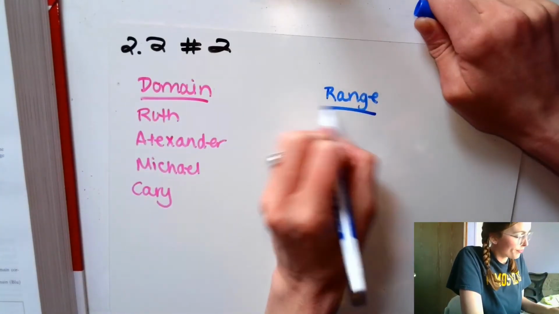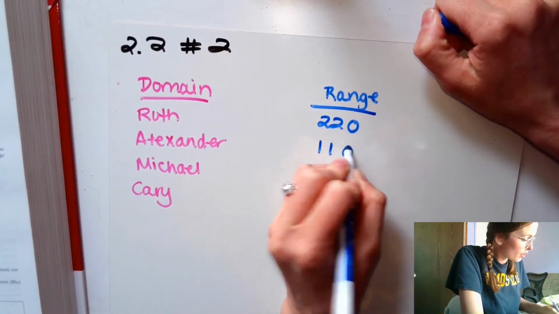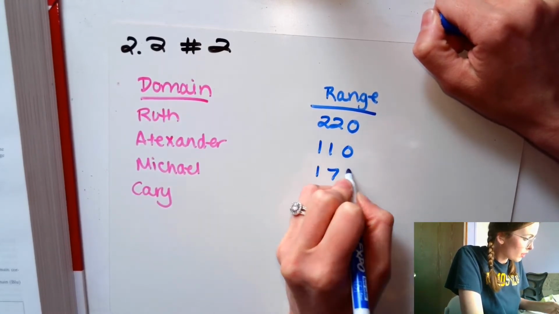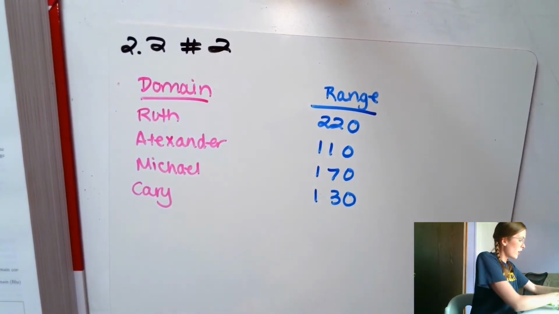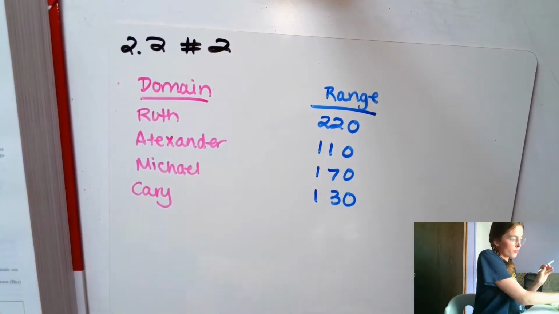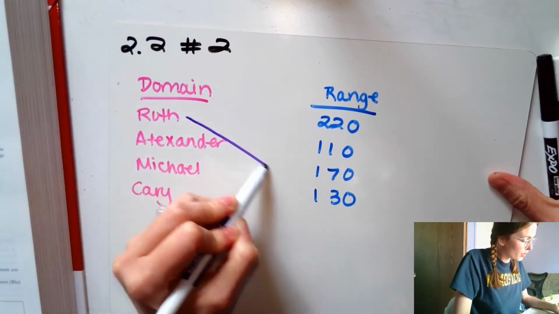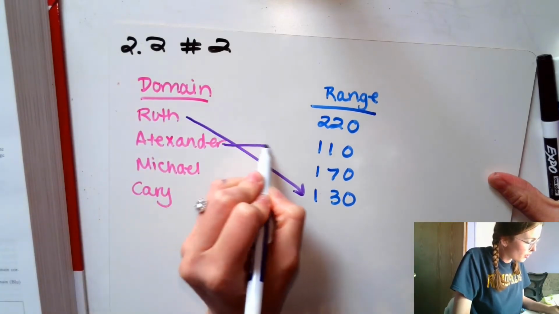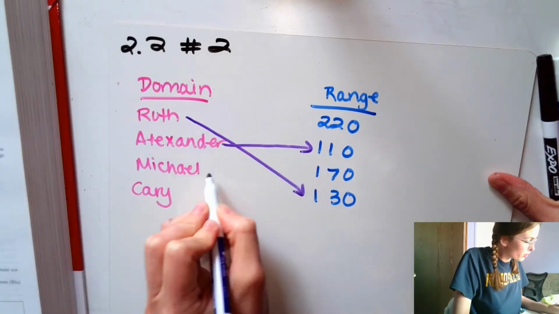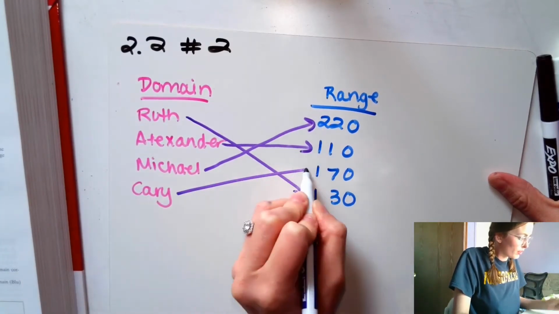Say 220, 110, 170, and 130. And let's say Ruth weighs 130, Alexander weighs 110, Michael weighs 220, and Carrie weighs 170.